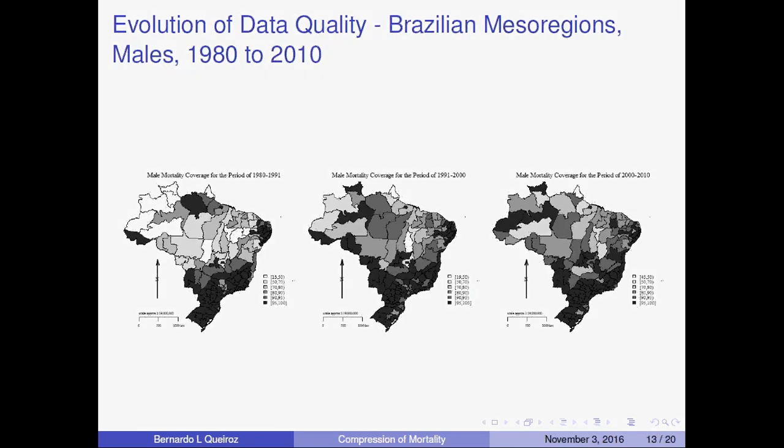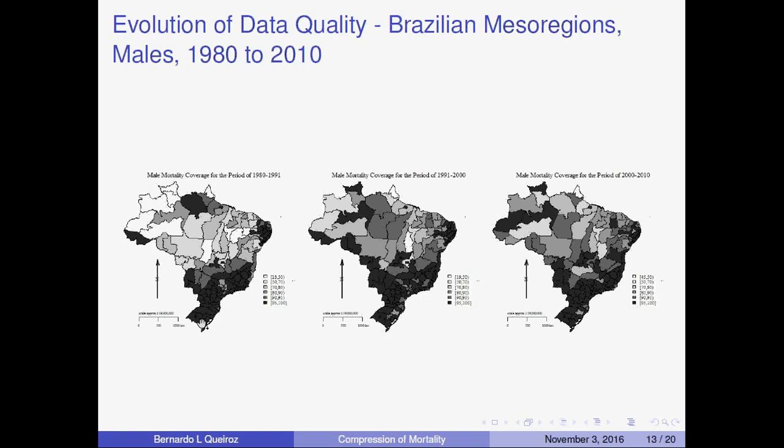And then we go one step further, and we compare those 137 meso regions from 1980 to 2010. Here's for males, from 1980 to 91, 91 to 2000, 2000 to 2010. So each area here is one region within the state.